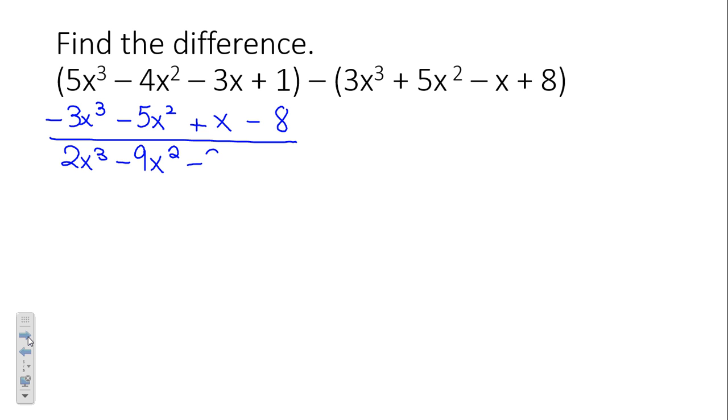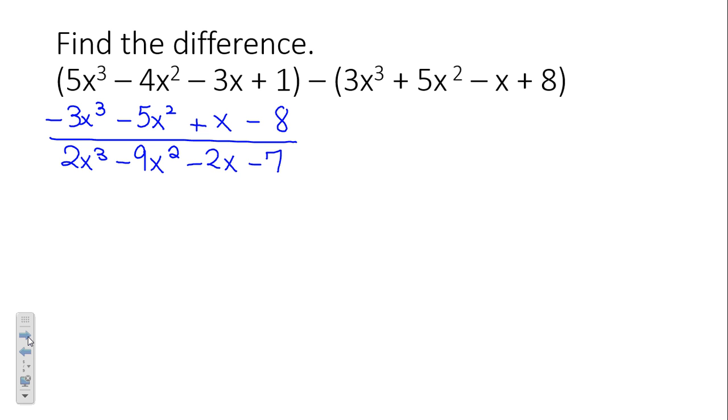Minus 2x. Positive 1 and negative 8. Negative 7. Any questions on those? Okay. Be careful and write it right below it with all the sign changes, and then be careful when you're adding and so forth. You'll be in good shape.